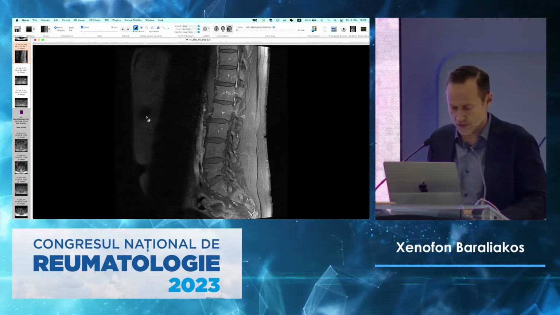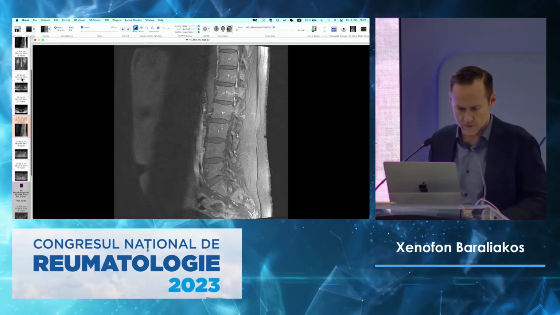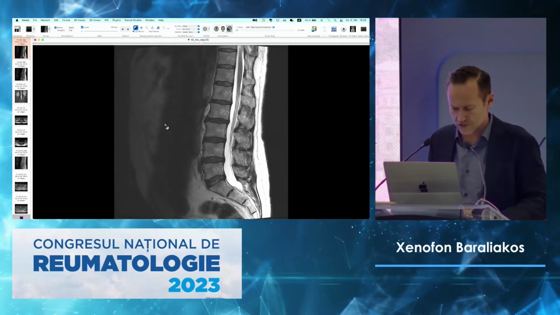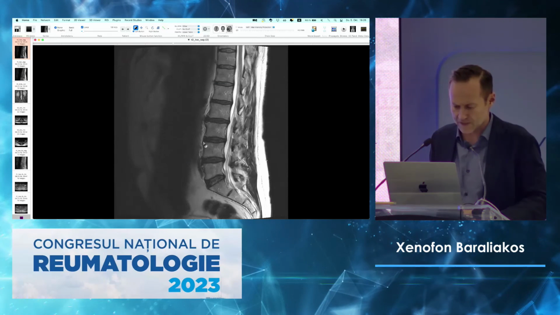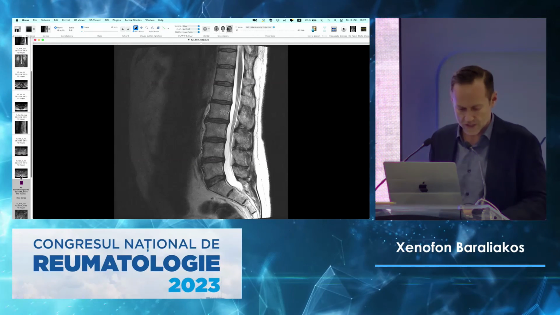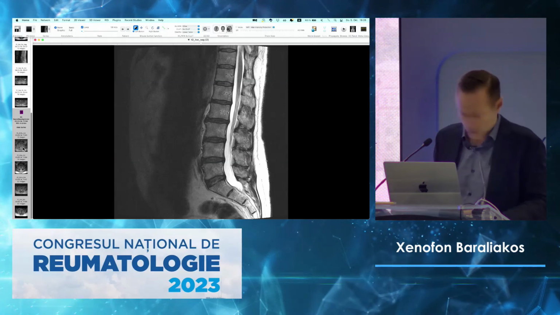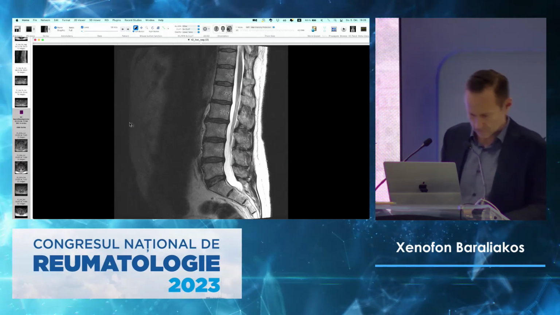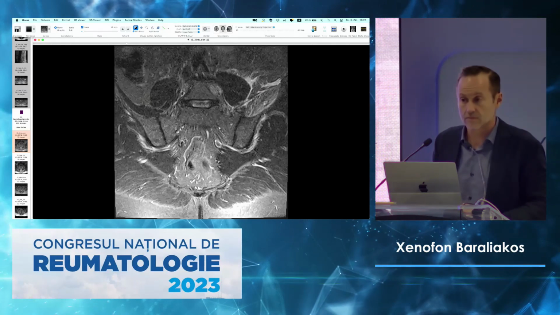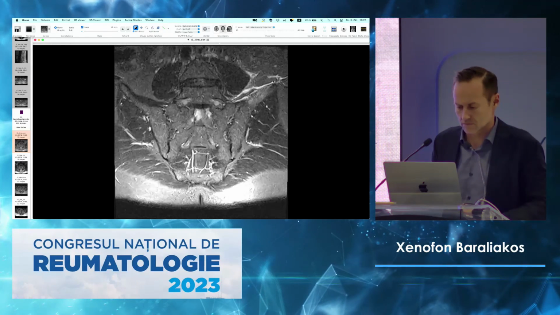I'm showing you here the T1, or let's say the T1 with gadolinium. Let's see the T2 images. There were no big signs of degeneration here in the back. He has some osteophytes, but he's okay from his spine, all right? So the question is, it's too small here for me. What does this patient have?